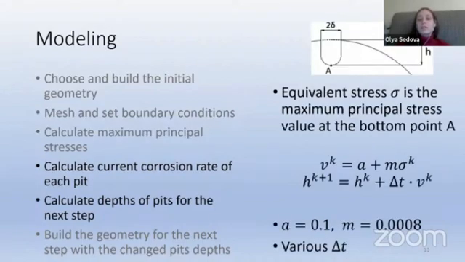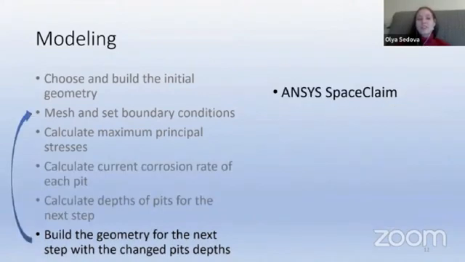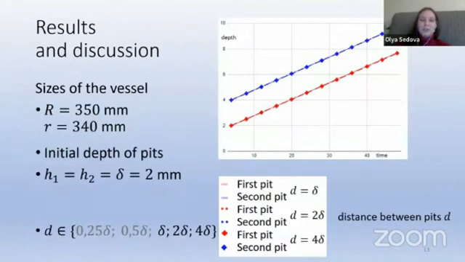Then we calculate the corrosion rate for each pit and calculate the depth of both pits for the next step. Then we build another geometry where the pits are deeper and go with this cycle again and again, so that we make the model of growing pittings on the surface of the shell.